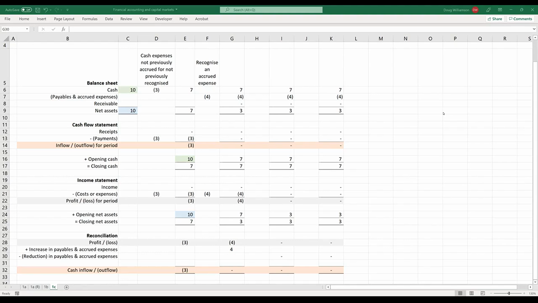Here, we're talking about liabilities for services or for goods we've already enjoyed, and the liabilities we're putting on our balance sheet, for example here, and their expenses that we're already recognizing in the income statement, reducing our net assets.